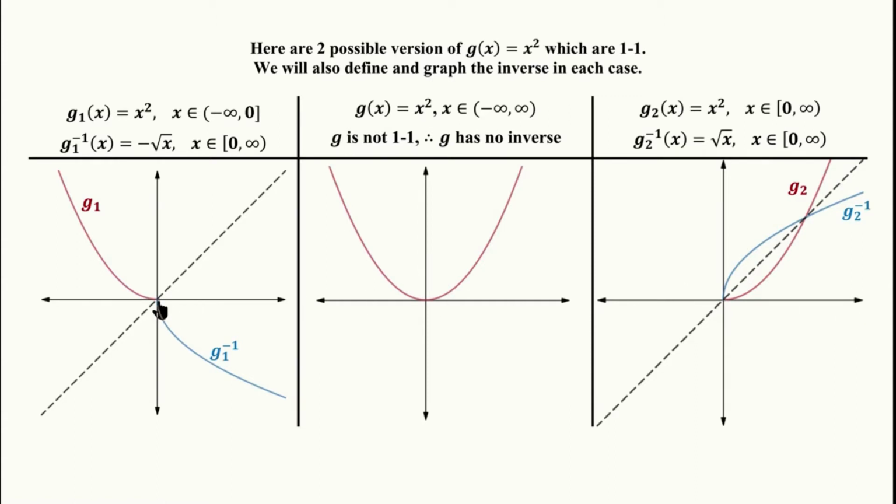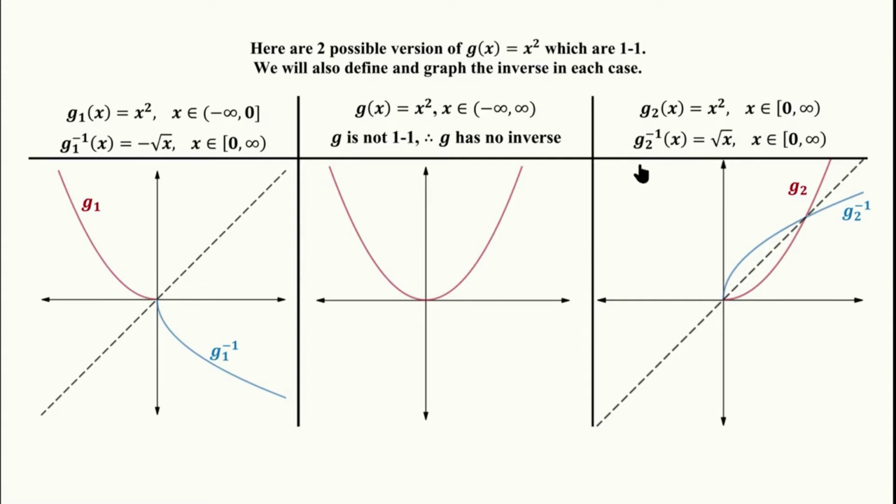Here we looked at non-positive numbers. We could have also restricted it to the non-negative numbers. So we're only taking the right half of the graph of x squared. And notice that that piece is also 1-to-1, and it will have an inverse, and this time the inverse is g2 inverse of x equals square root of x, the positive square root of x.